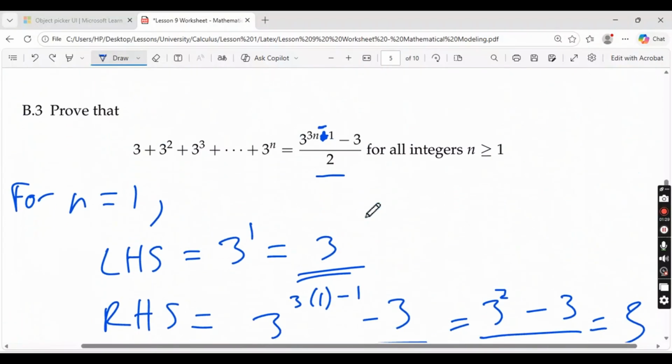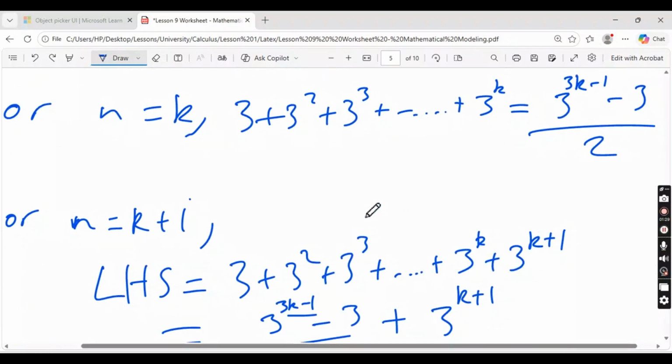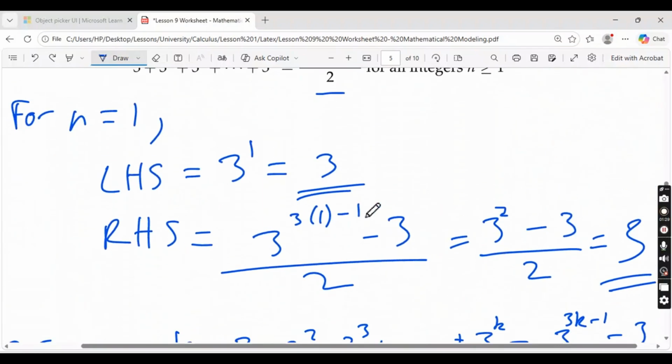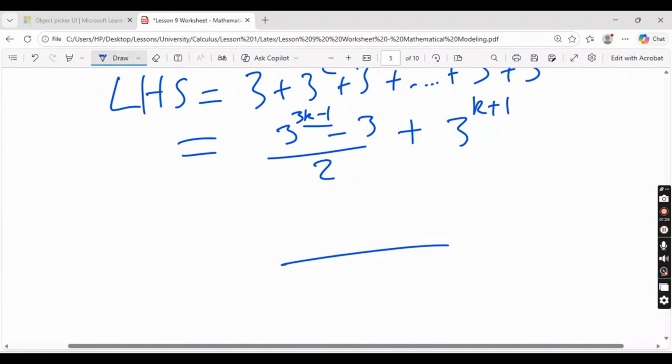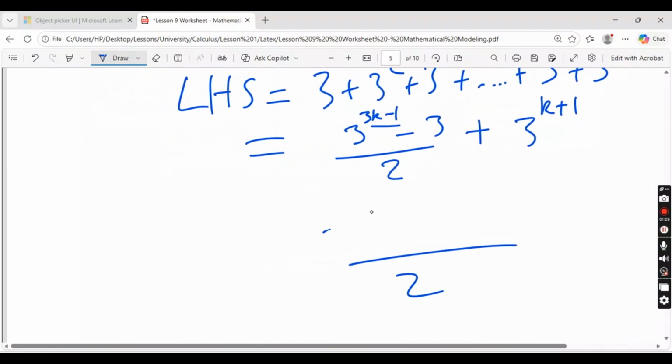I think it looks like it's 3k minus 1 minus 3, over 2, 3 to the power 3k minus 1 minus 3 plus 2 times 3k plus 1.